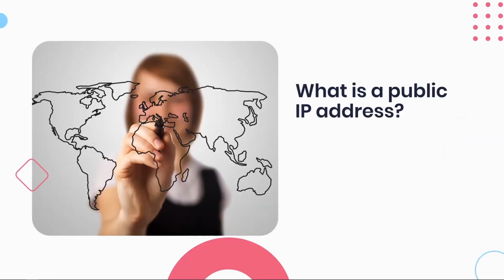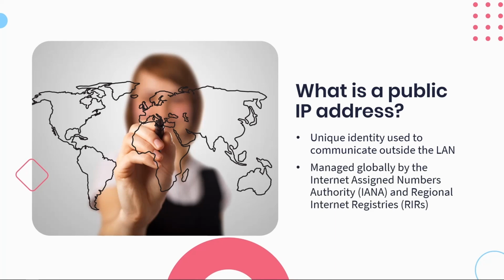A public IP address is a unique identity that is used to communicate outside the LAN. This address space is managed globally by the Internet Assigned Numbers Authority, the IANA, and the Regional Internet Registries, RIR, responsible for different regions.